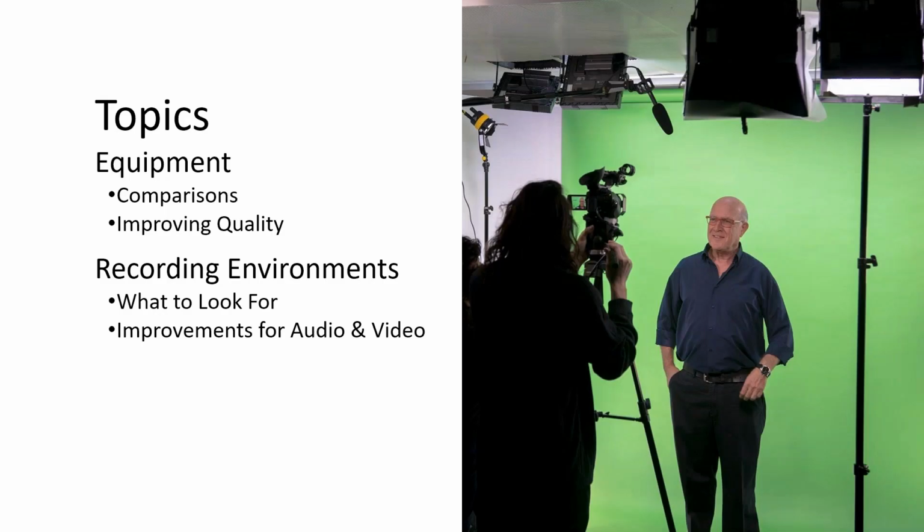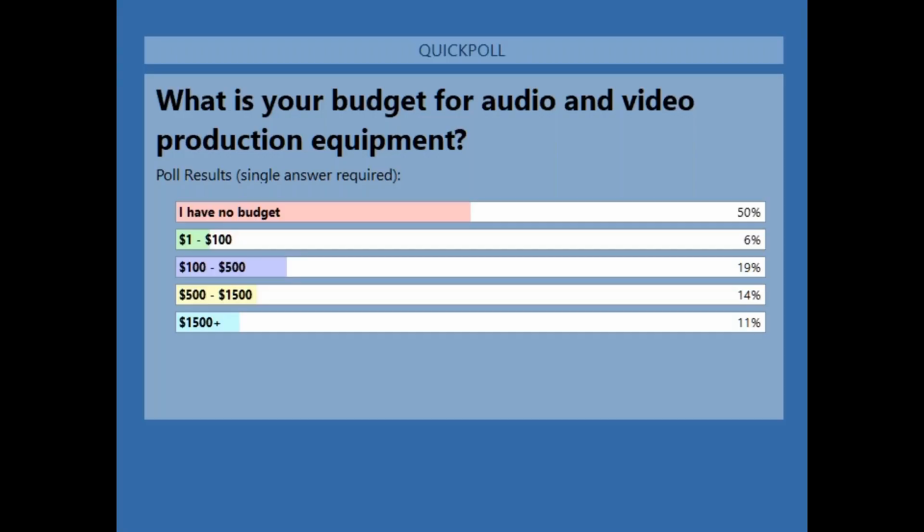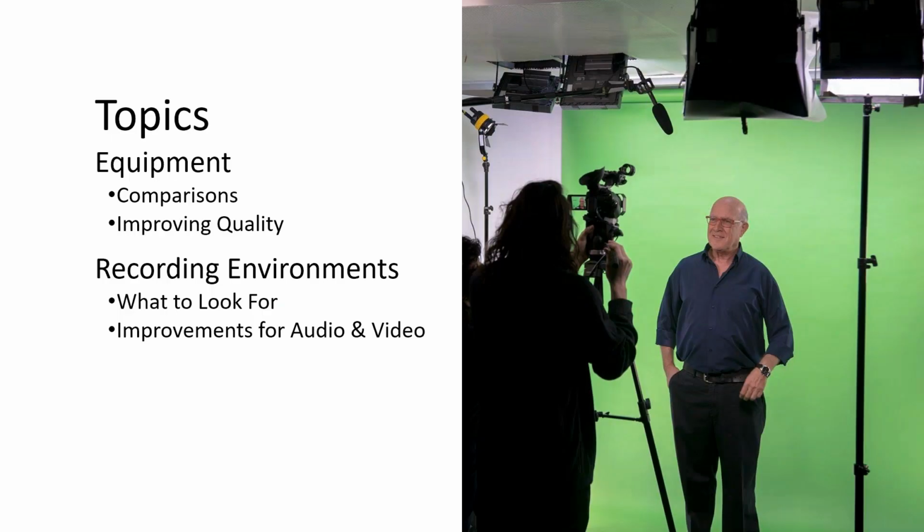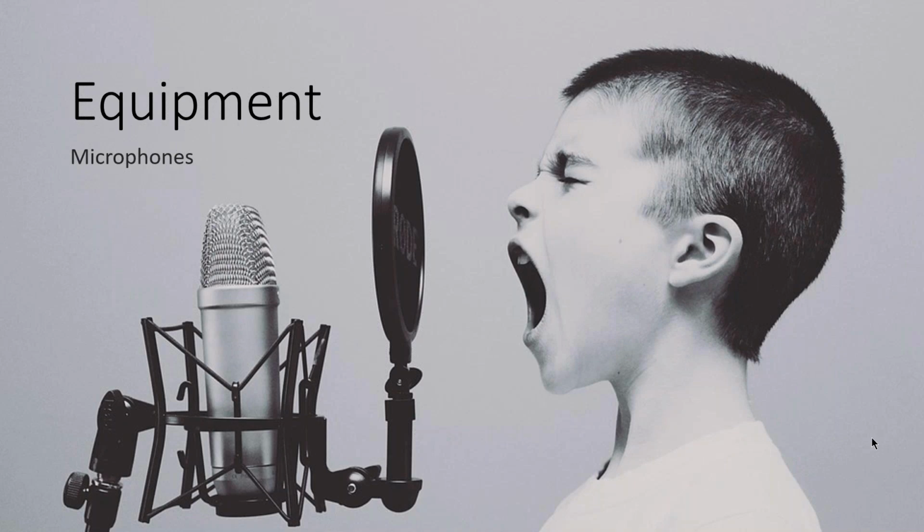Okay, let's see the results. It looks like it's a pretty close race there, but we're between the $100 and maybe about $1,500 range for the majority of you, which is about right for most situations, especially for an e-learning environment. So that clocks in about right where I thought it would be. That's awesome. On with the show here.